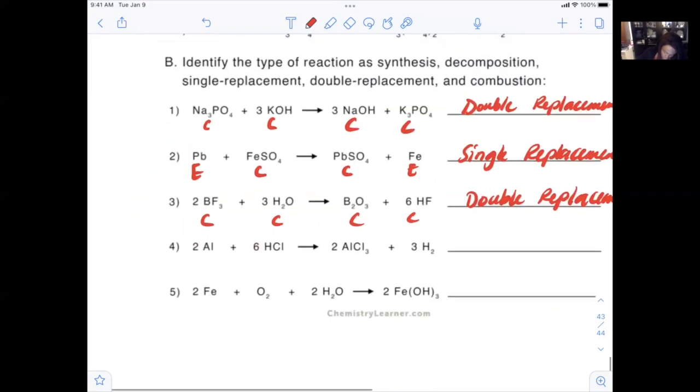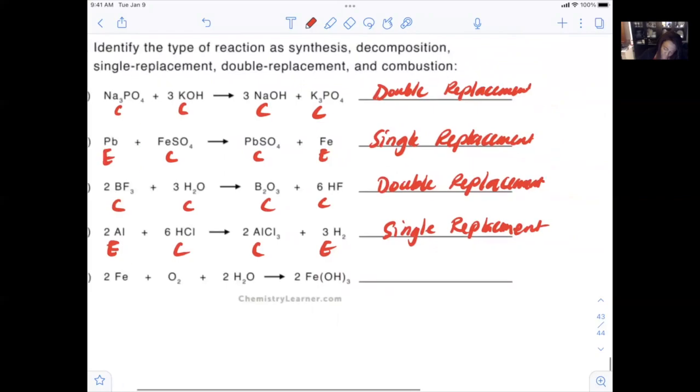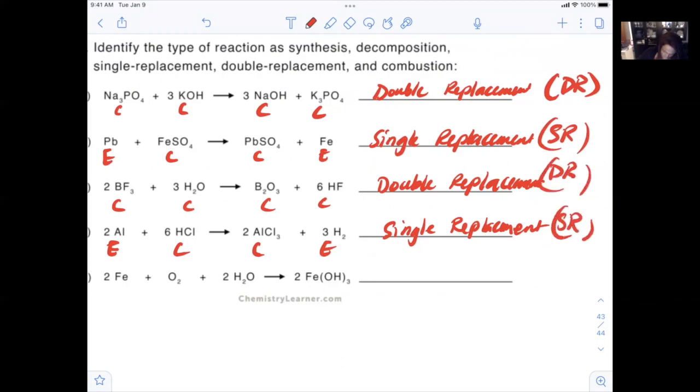Element, compound, compound, element: single replacement. Why did they mix it up? Okay, you know what? Double replacement would be DR, single replacement would be SR. Element, element, small compound, big compound.